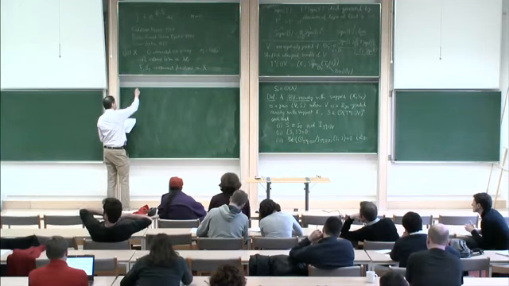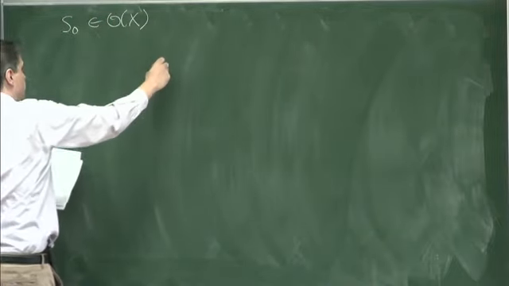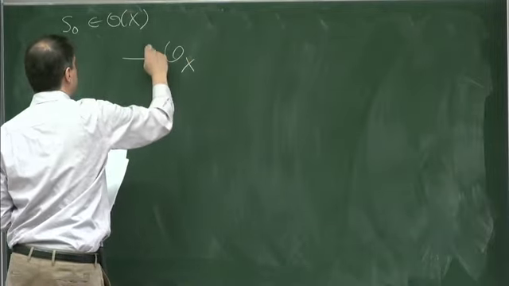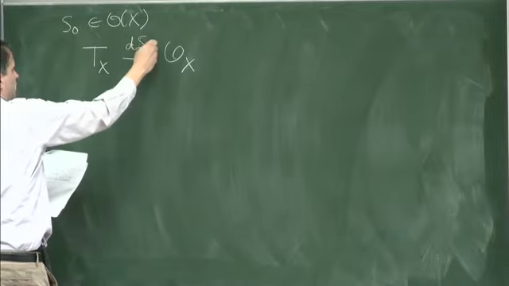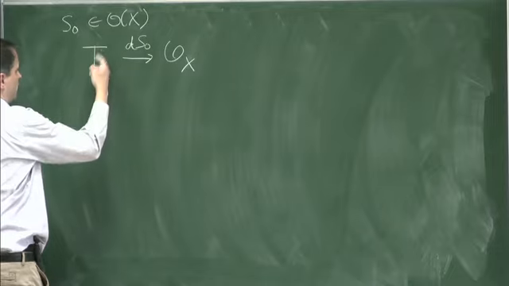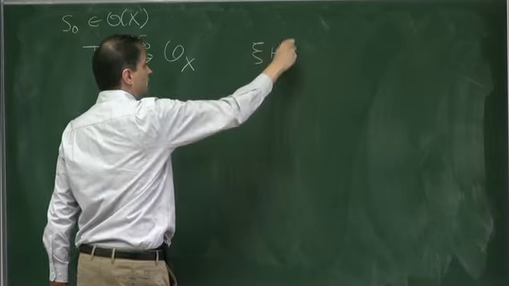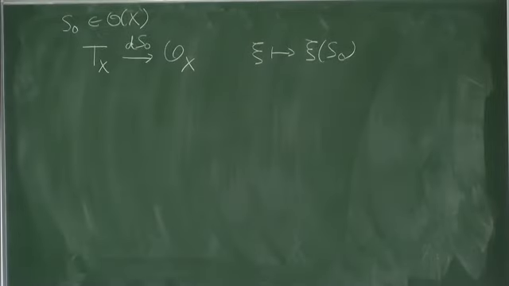Right, so out of S0, you can construct the following map. If you like, the beginning of the Koszul resolution. So you have the map from the tangent sheaf, so you have here a vector field, and you map it to a function just by sending a vector field to its action on the function S0.